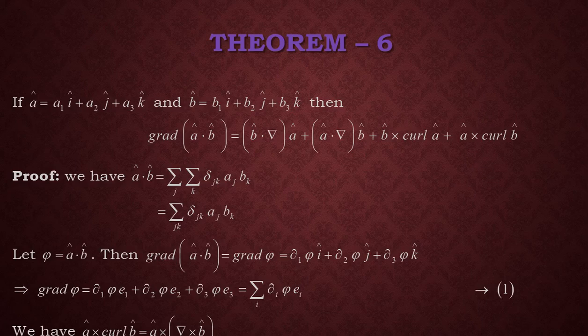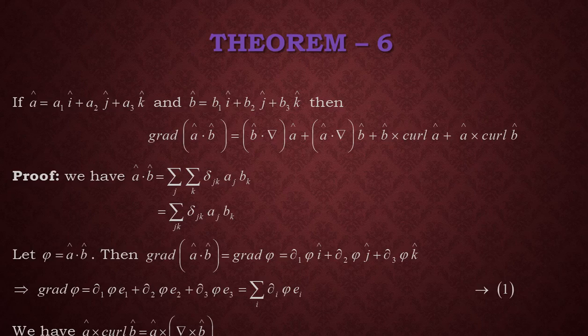It simplifies the writing of the proof. So the expression becomes as follows: A cap dot B cap equals summation sigma over jk delta suffix jk A suffix j B suffix k. Here the sigma over jk represents two sigmas, sigma over j and sigma over k.